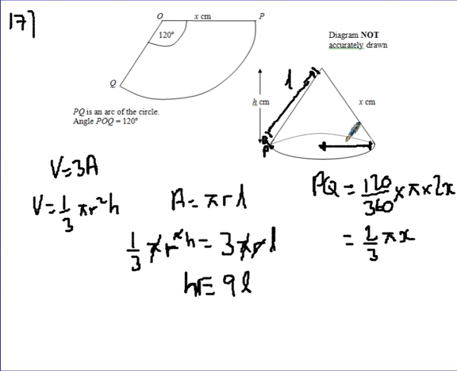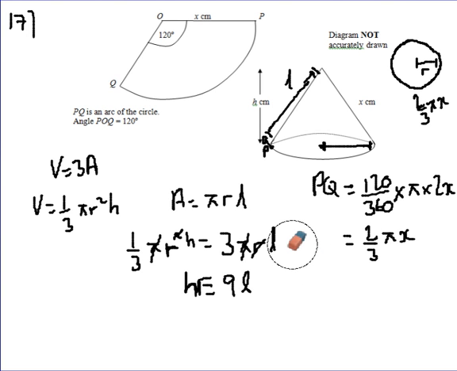Will that help at all? Well, we've then got that this is the circle going around here at the bottom, and we know that that then is 2/3 pi x, and we'd quite like to work out what r is, wouldn't we? If we can work out what r is, we're getting somewhere to where we want to be.